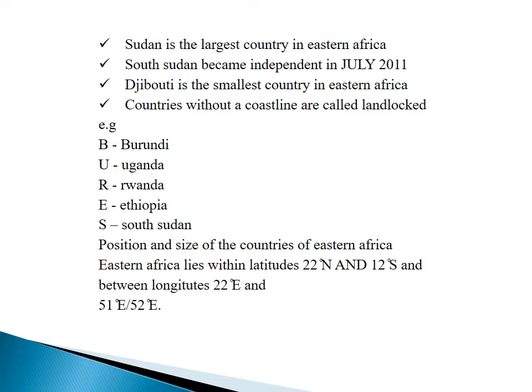There are some countries in Eastern Africa that do not have a coastline. When I say coastline, these are countries that do not border a sea or ocean. In short, they are called landlocked countries. Landlocked countries in Eastern Africa are Burundi, Uganda, Rwanda, Ethiopia, South Sudan.